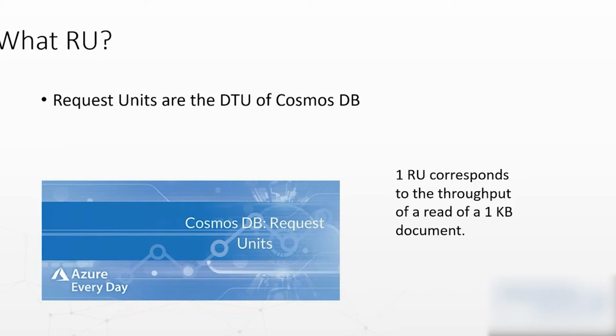You can go with Hyperscale and things like that, but on the RU side in Cosmos DB, there is a specific definition of what an RU is. One request unit corresponds to the throughput of a read of a 1 kilobyte document.